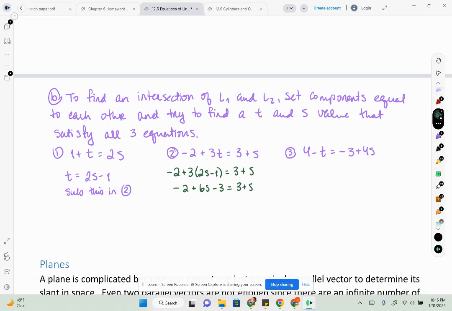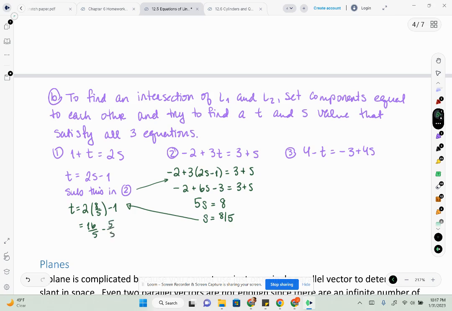Moving all the numbers over to the right and the s's to the left, I have 5s is equal to 8, so s is equal to 8/5. I'm going to take that s and substitute it back into t. t is equal to 2 times 8/5 minus 1, which gives me 16/5 minus 5/5. t is equal to 11/5.